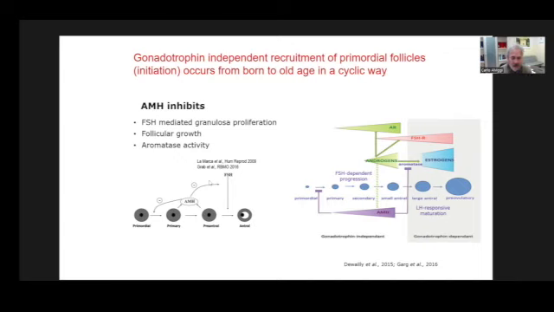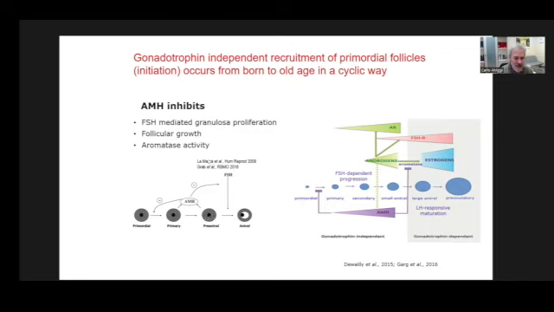The anti-Mullerian hormone, and I will discuss it later, is very important for making the passage from one step of folliculogenesis to the next, from primary to preantral, in a harmonic and progressive way.